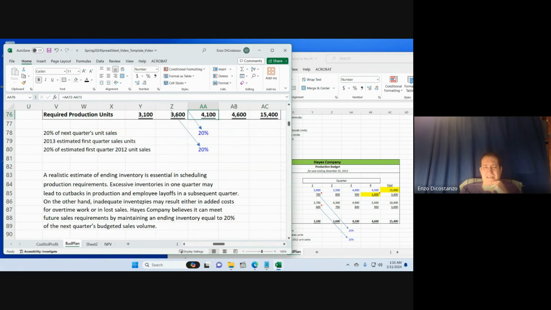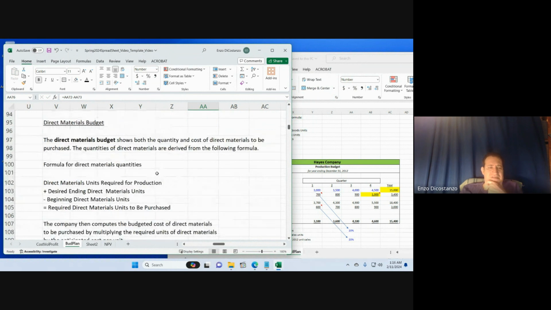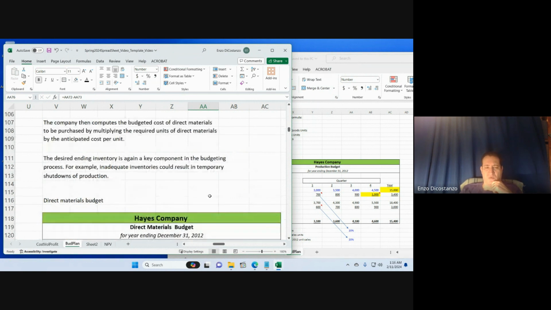And this just says it in words about excessive inventories and things of that nature. The materials budget is, again, a similar formula. What you need for production, what you want to end with, subtract what you start with, and then required direct materials to be purchased, because you're buying silicon or plywood or sheetrock or pipes or electrical wire or something like that.